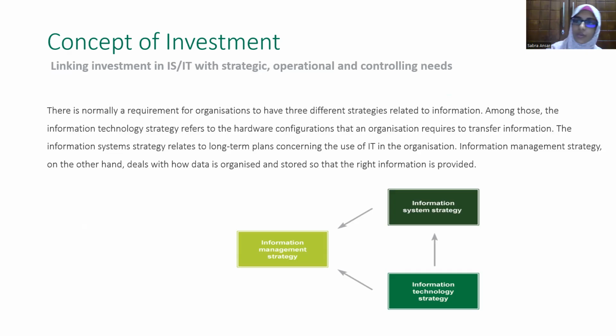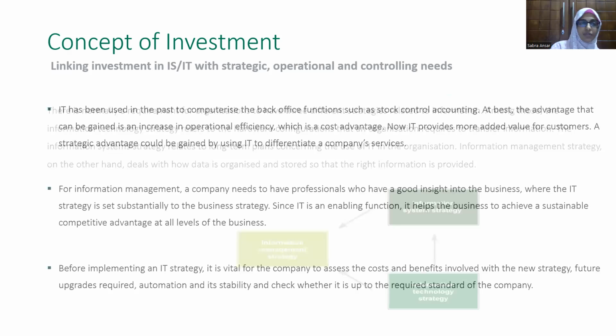So the system strategy is basically the hardware configuration and how everything happens. When it comes to the management strategy, it has all the data which is stored and how it is managed, that is what management means, right? So that will be used.